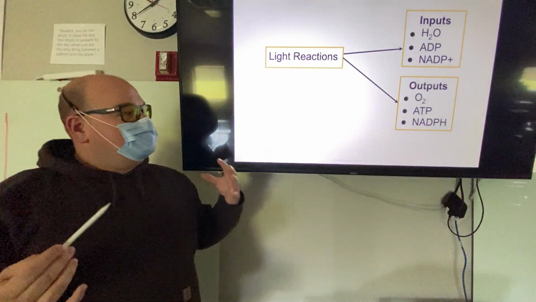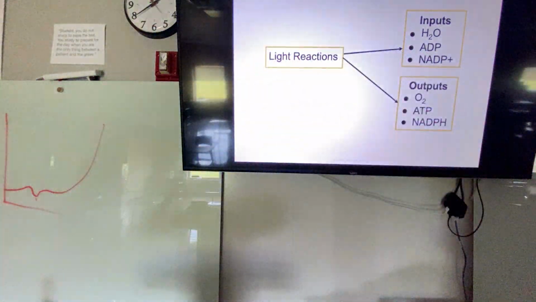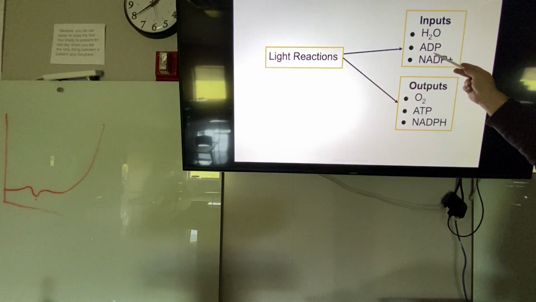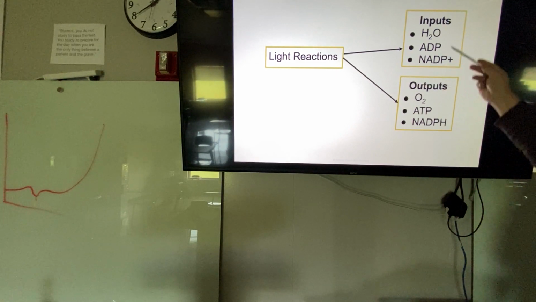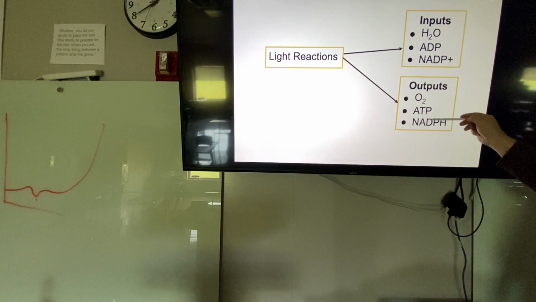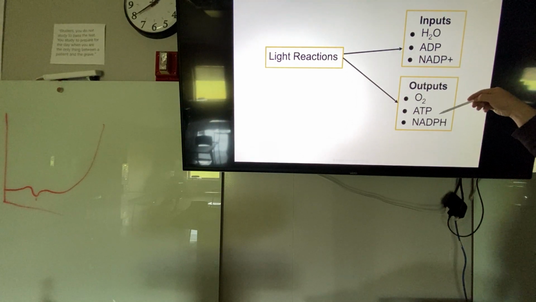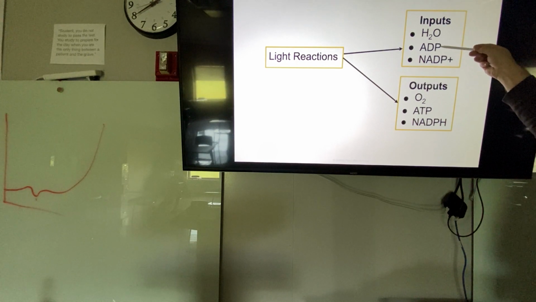These are the things you really need to know. We have over here, you've got water coming in, ADP and NADP. These two get recharged. These are basically rearranged versions of the inputs. So is this a low energy or a high energy?